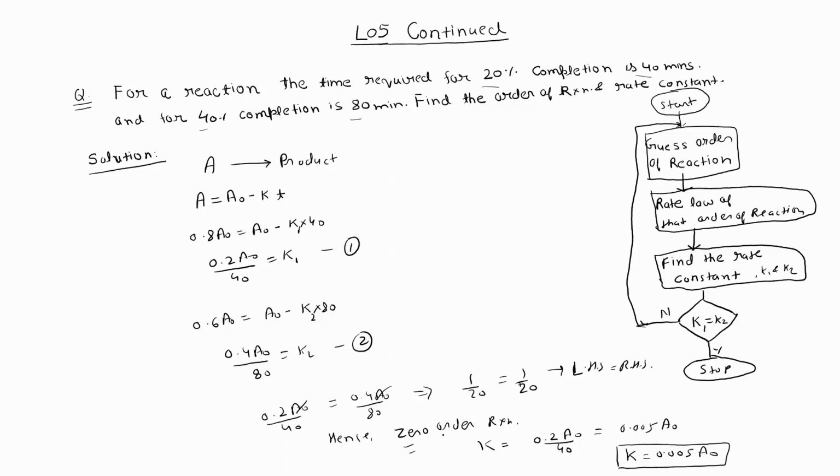Now we talk about some graphical representations of a zero order reaction. We have already talked about the rate and concentration graph, but let's talk about it once more. Graph for zero order kinetics.